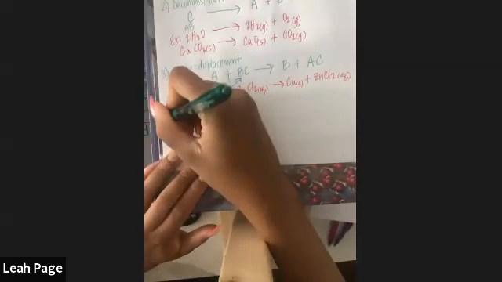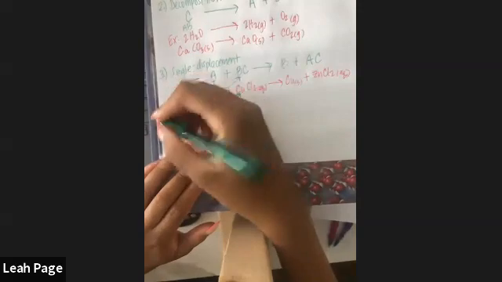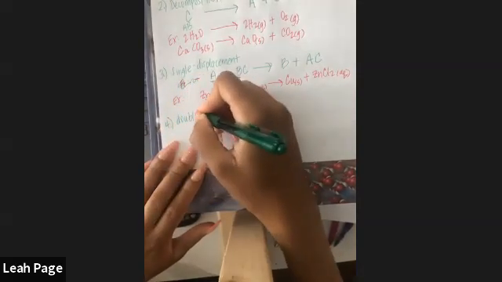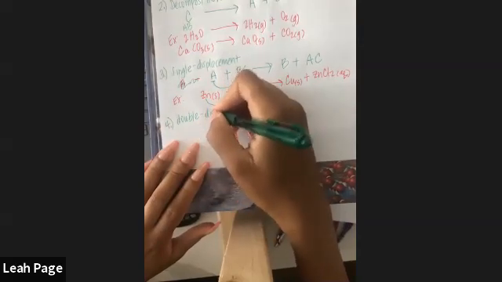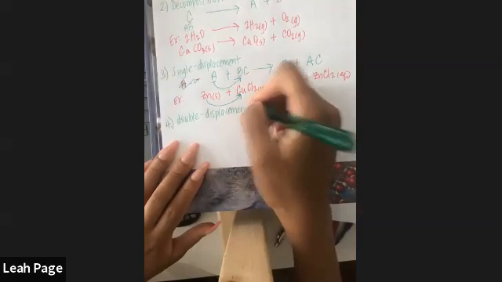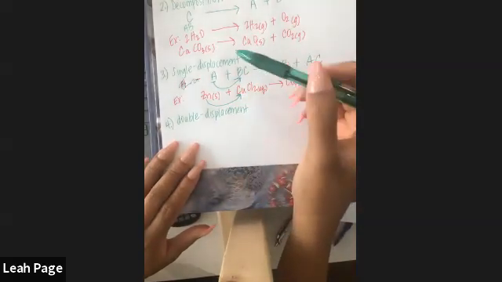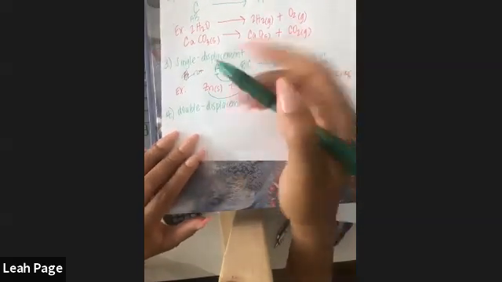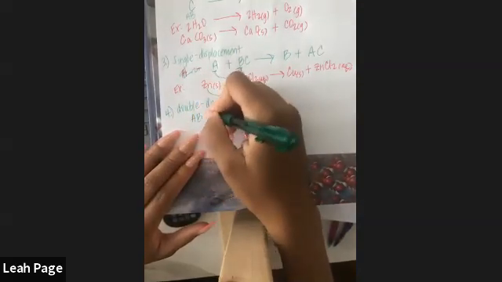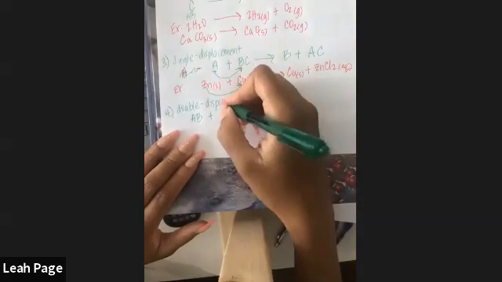And then I have the type of reaction that we call a double displacement. A double displacement is similar to a single displacement, but this time I have two compounds. So I have AB plus CD.